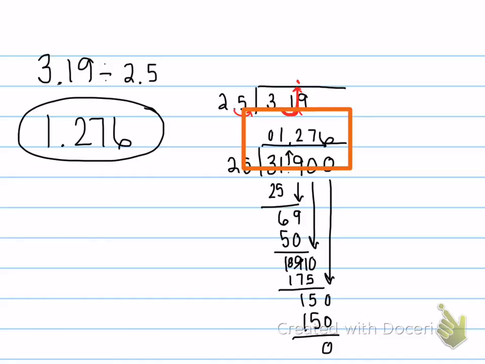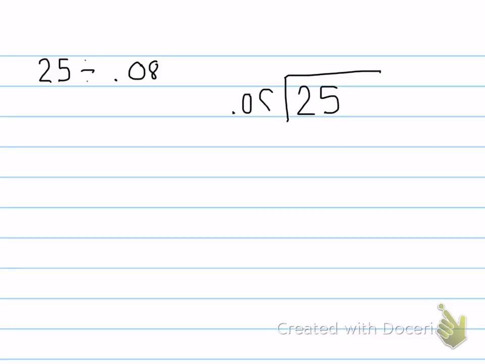Now, sometimes when you're doing that, for example, in this problem, if I get 25 divided by 0.08 or 8 hundredths. Okay, I'm going to put the 25 inside, and I'm dividing by 8 hundredths.